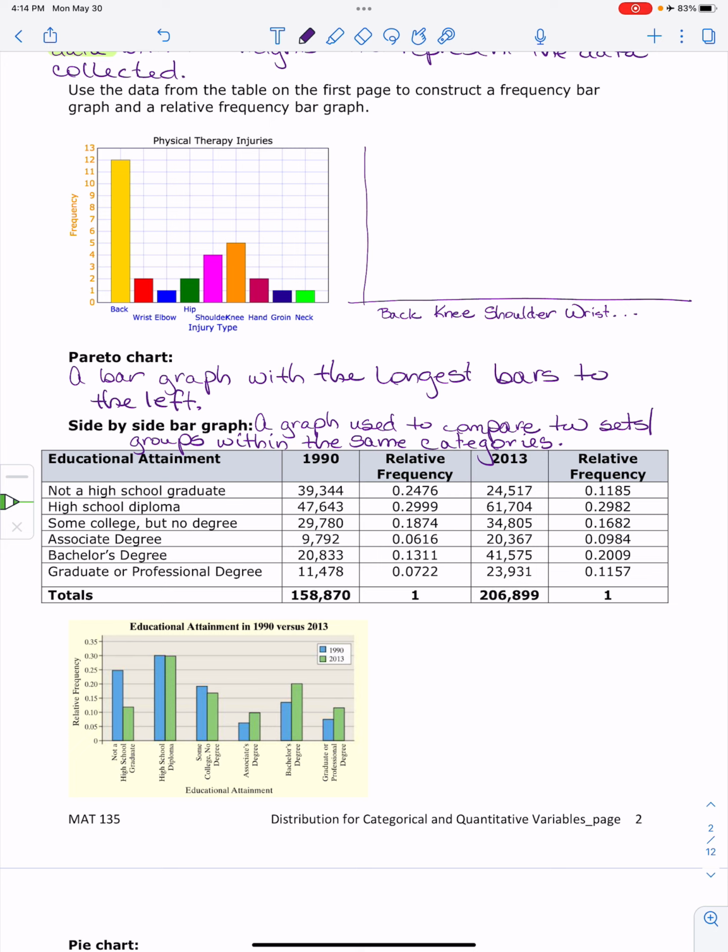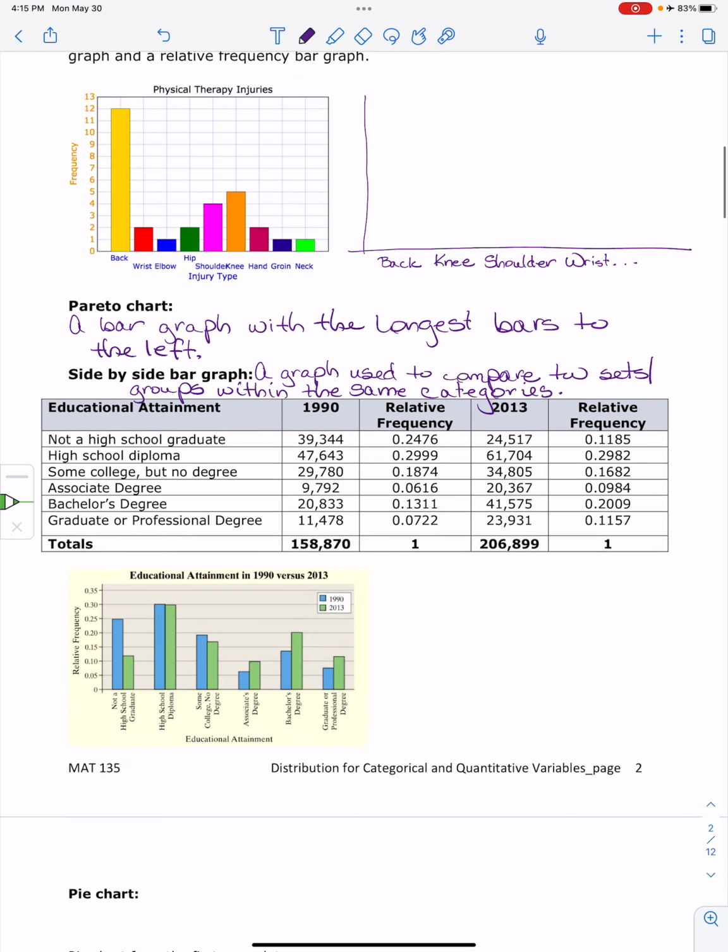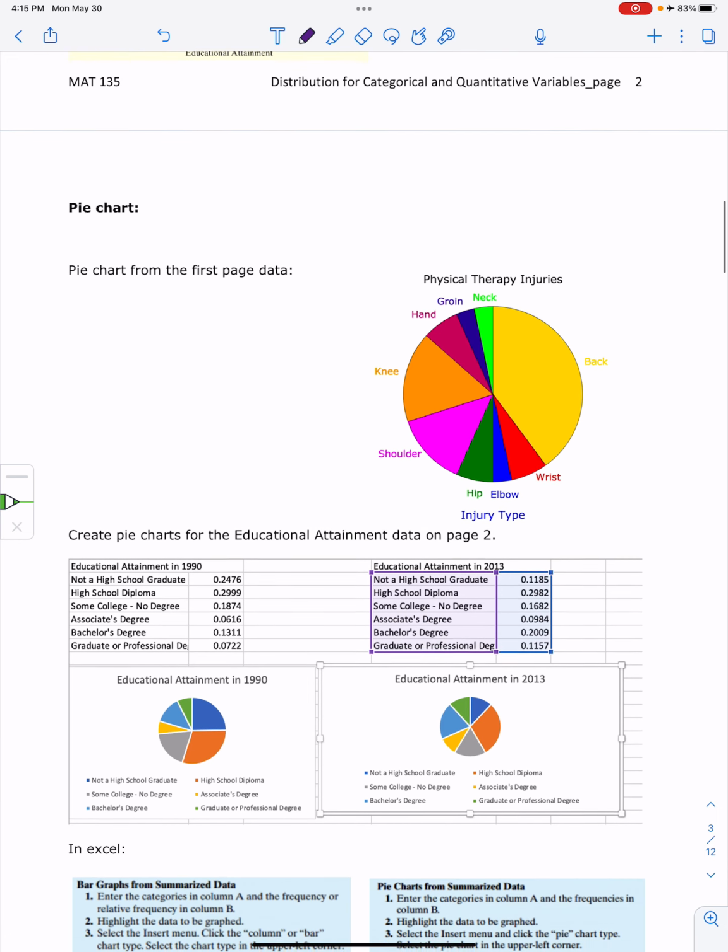That would be difficult to show when we're talking about 39,000, 47,000. So in terms of this graph, we have graphed using those relative frequencies. Okay. We are going to move on to the next page and go from bar graphs to pie charts.